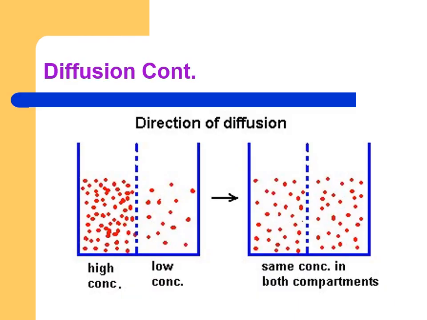Here's another picture of diffusion where I have a high concentration and this dotted line is like a semi-permeable membrane. It's going to let some things through and not others. In this case, the red solutes, which is the thing dissolved, cannot fit through this membrane, but water can, because water is only 3 atoms big, H2O. It's very small.